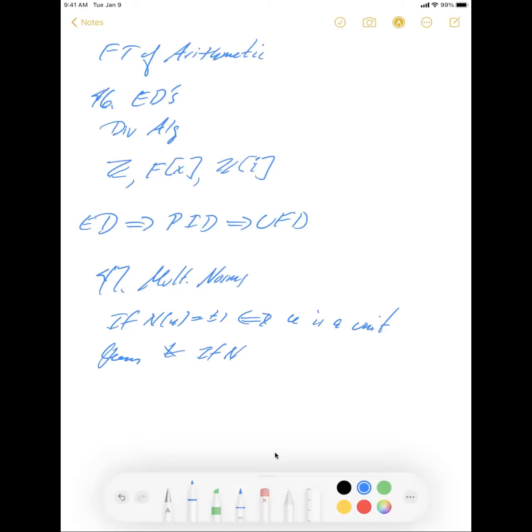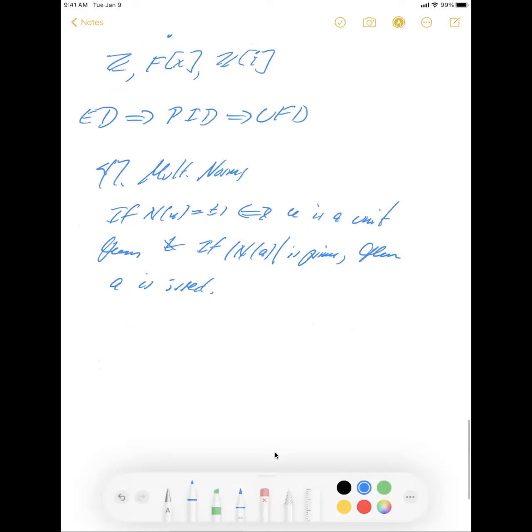If the absolute value of the norm of A is prime, then A is irreducible. And we found that this multiplicative norm idea is useful in working in Z bracket root n.